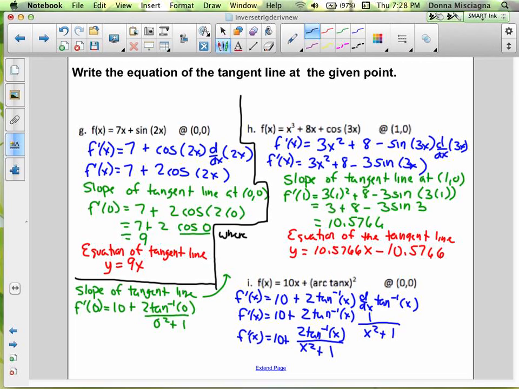In other words, we're looking for where tangent is equal to 0. Because if we have arctan 0, we've got the ratio. Where does tangent have that ratio? Arctangent is going to be 0 whenever the numerator is 0, which means wherever y is 0.